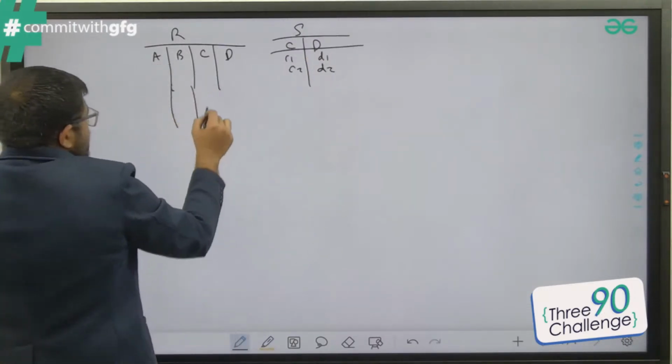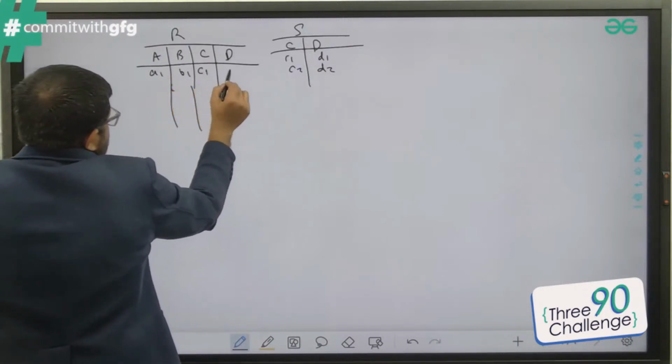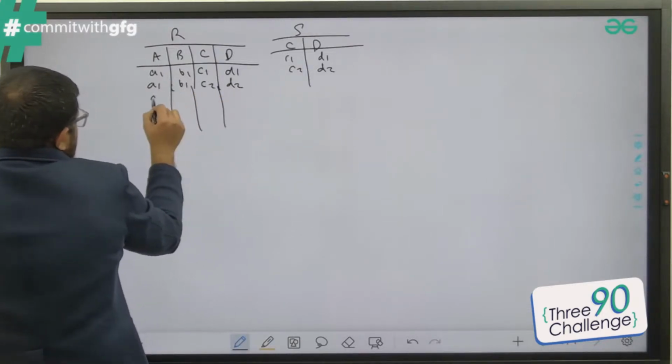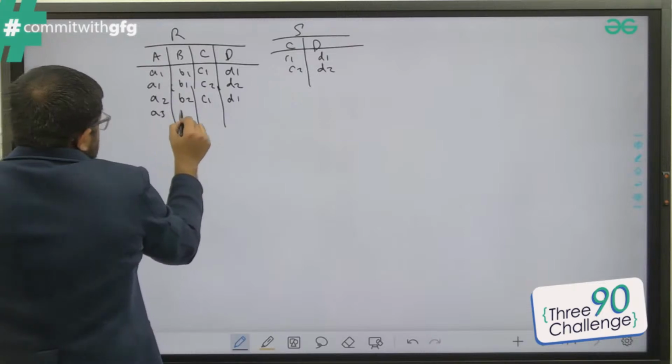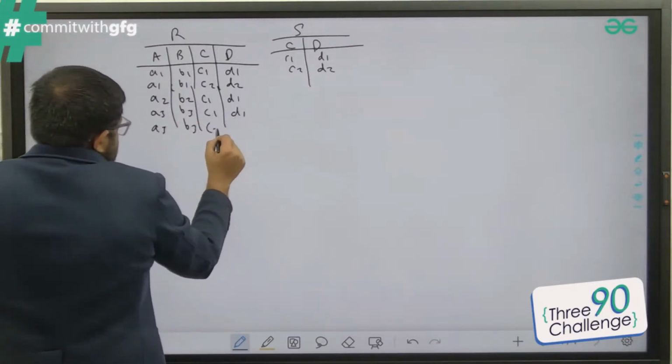And here R has A1, B1, C1, D1; A1, B1, C2, D2; A2, B2, C1, D1; A3, B3, C1, D1; A3, B3, C2, D2.